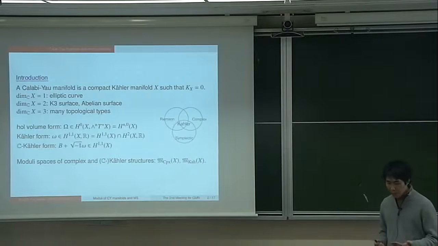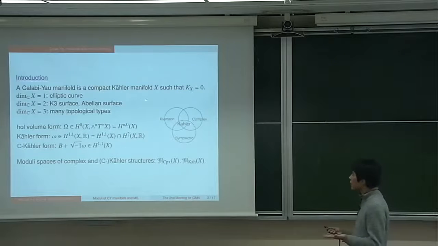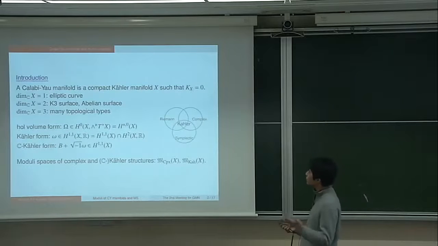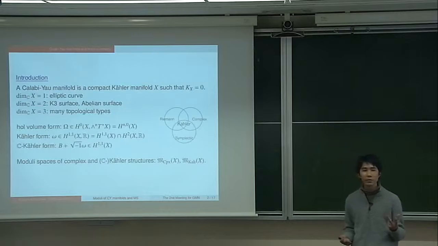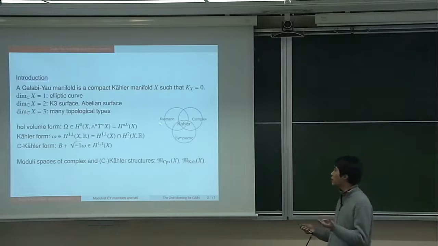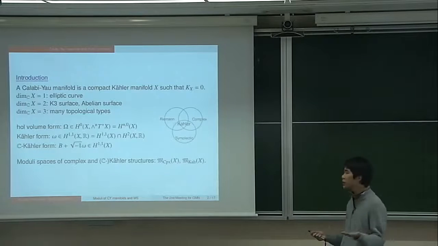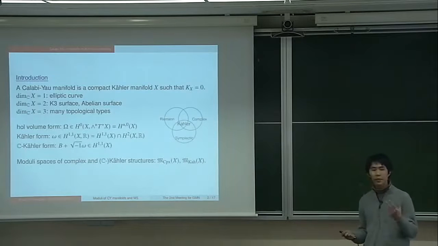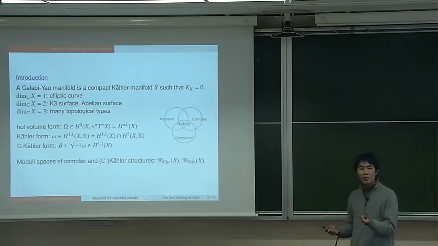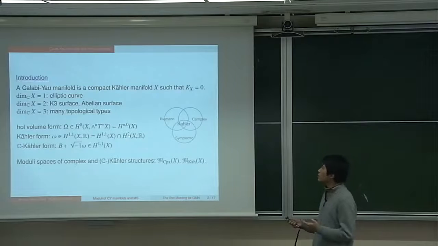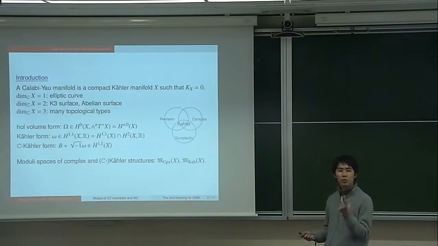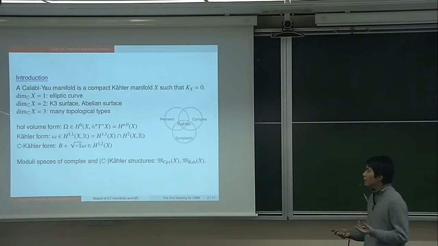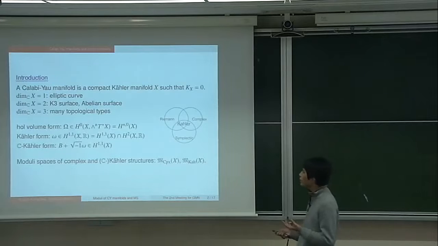So a Calabi-Yau manifold is, by definition, a Kähler manifold. Recall that a Kähler manifold has 3 structures in a compatible way. It's a complex manifold, of course, and a Riemannian manifold, and a symplectic manifold, in a compatible way. And 2 of them determine the last one. So basically, there are 2 structures, 2 moduli spaces. In this talk, I want to focus on 2 moduli spaces.